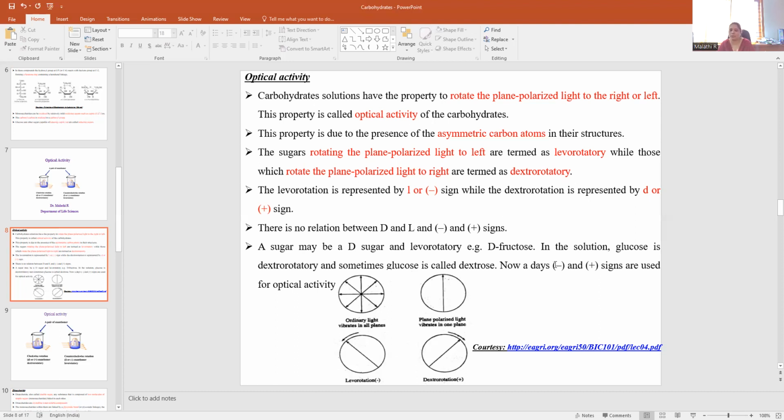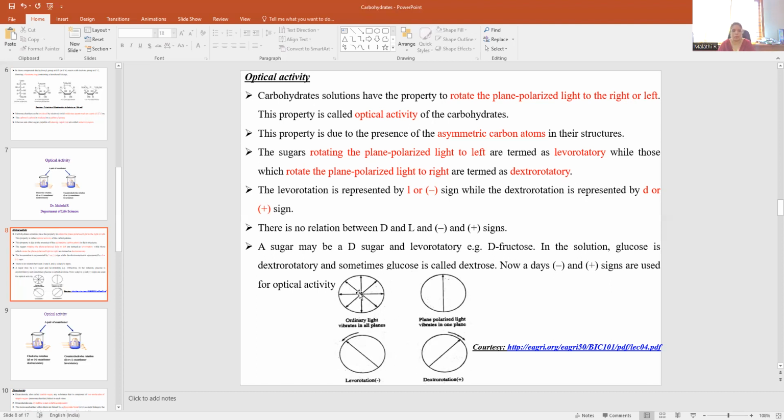Nowadays we are using positive and negative signs to denote the rotation of plane of polarized light either to the right or left. If it is to the left, it will be denoted with the negative sign. If it is towards the right, we will denote it with the positive sign. Now you can see that if ordinary light is passed in the solution, it vibrates in all directions.